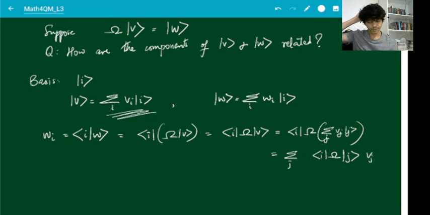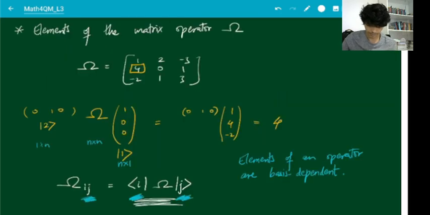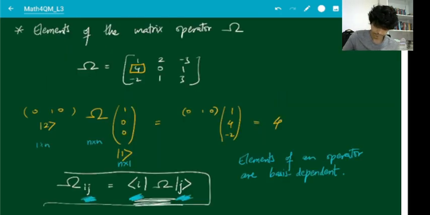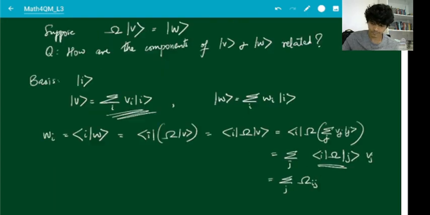It's just a number, so it doesn't matter how I'm multiplying it. Now what is Ω_ij? This is ⟨i|Ω|j⟩, which is just the ijth component of the matrix Ω. This is what we saw on the last page. This is the definition. So this is Ω_ij v_j.